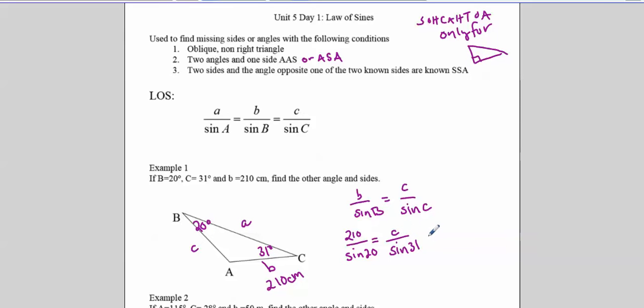So you're going to multiply both sides by sine 31.